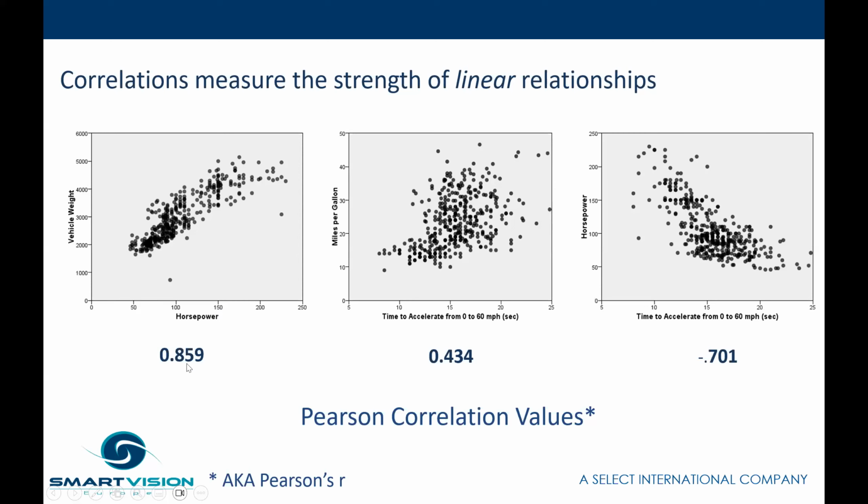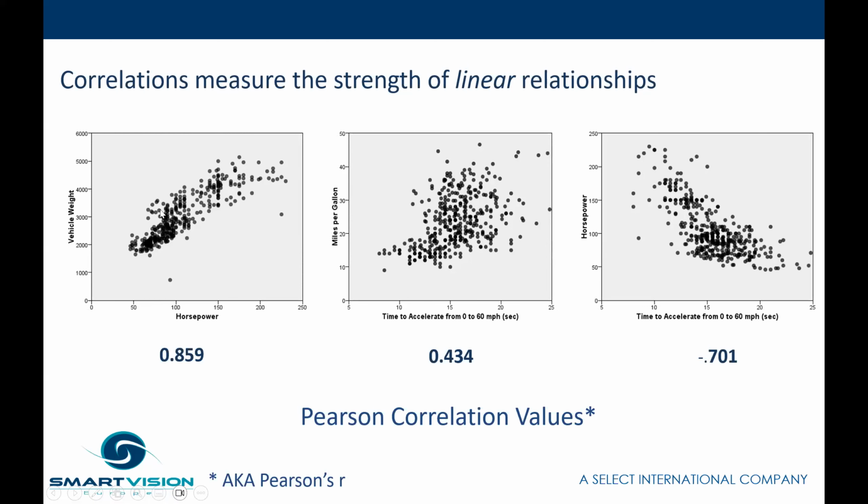And the correlation value here is 0.859. That's quite a strong correlation. Whereas here, we're looking at the relationship between miles per gallon, the fuel efficiency, and the time to accelerate from 0 to 60. It's saying if it takes longer to accelerate from 0 to 60, the fuel efficiency tends to be higher.